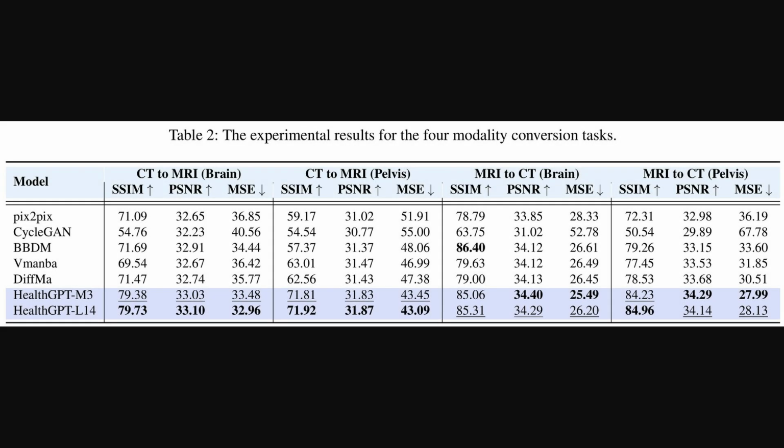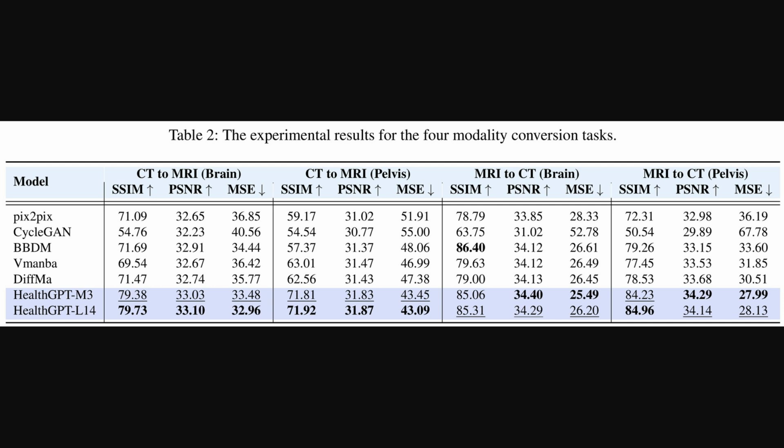So, we just saw how well HealthGPT does on understanding medical images in Table 1. But what about the generation side? Well, Table 2 here shifts focus to exactly that, specifically looking at medical image modality conversion tasks, like transforming a CT scan image into an MRI representation, or the other way around, for both brain and pelvis scans. It compares HealthGPT M3 and L14 against several other models using standard image quality metrics.